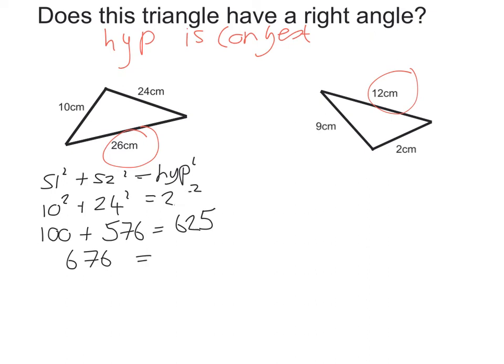That was a 26, not a 25. Apologies. Let me just adjust that. So that was a 26 squared. I wrote 25 squared by mistake. 26 squared then is 676. So what I get then is 676 equals 676. So that's right, the equation balances. So this does have a right angle.